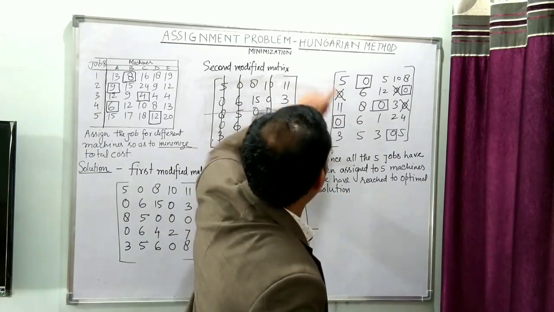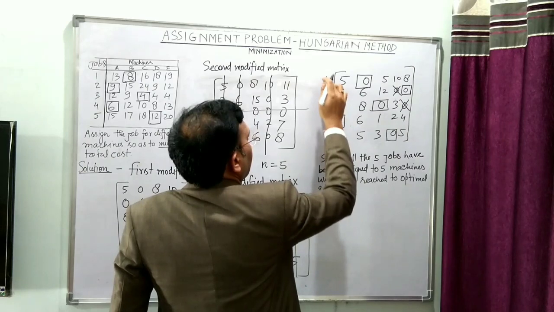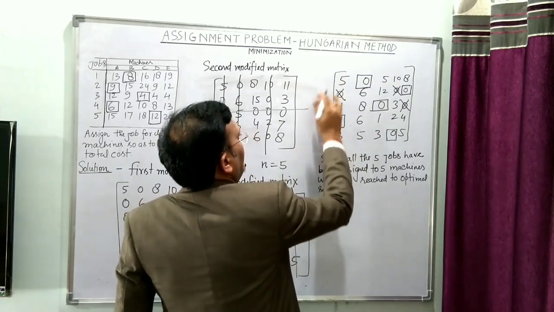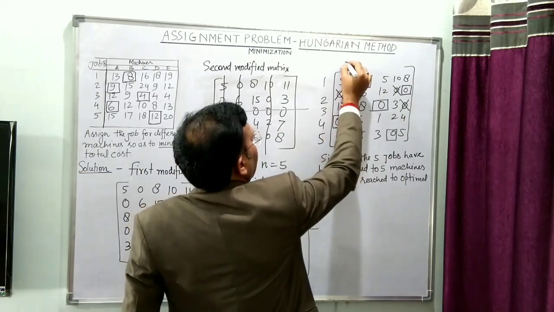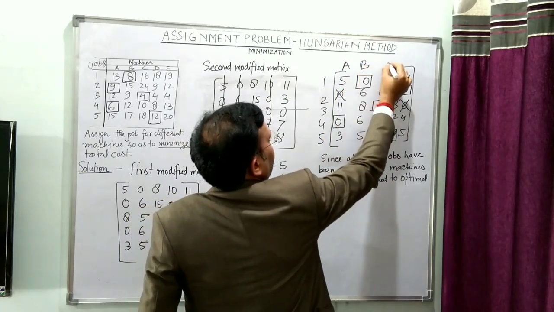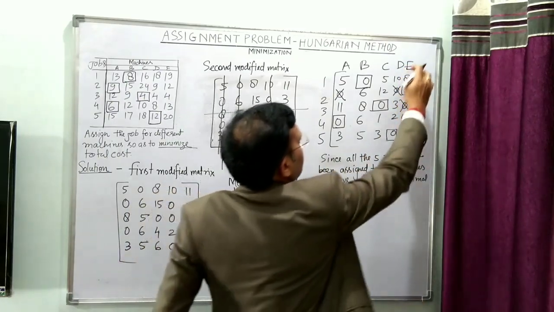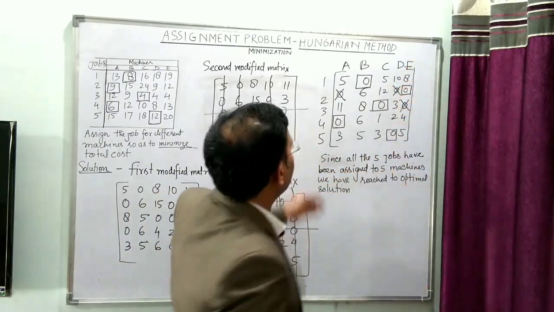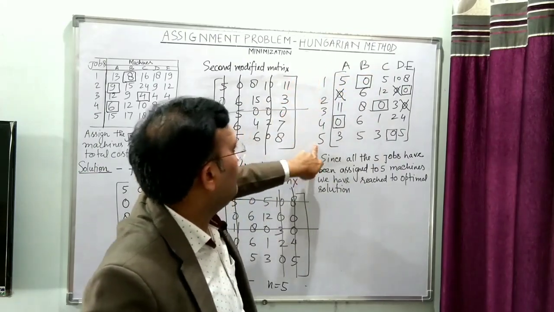So we had jobs 1, 2, 3, 4, 5 and machines A, B, C, D and E. So all the 5 machines have been allotted all the 5 jobs.